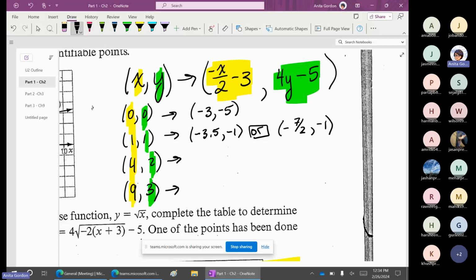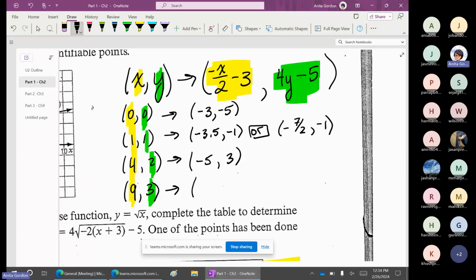When we have some of the uglier coordinates, you can leave it as a fraction. It's usually easier to leave it as a fraction in lowest terms, but you can also write it as a decimal. Either way is all right with me. So 4 over 2 is -2 minus 5. 2 times 4 is 8 minus 5 is 3.